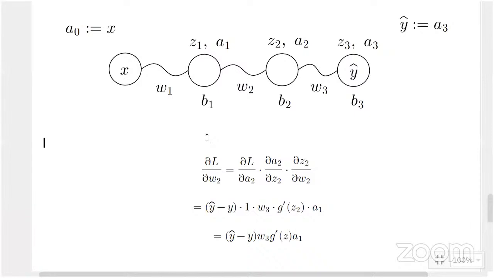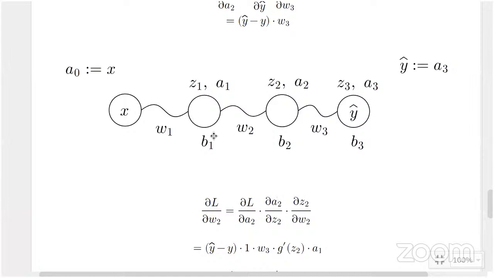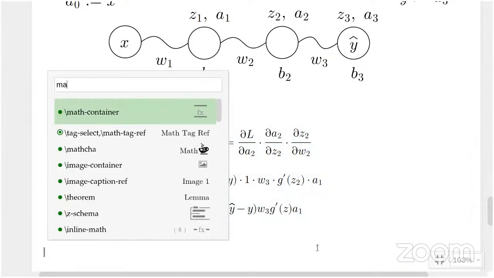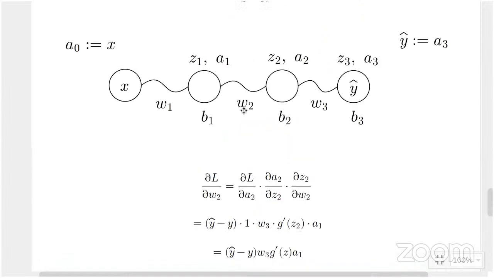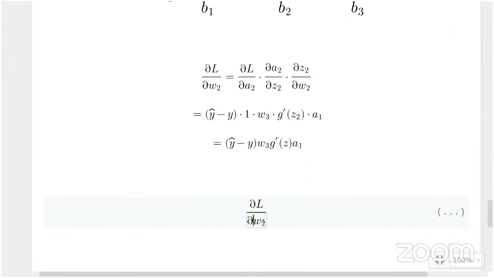So we have computed dou L by dou W2, right? We'll also have to compute at this stage dou L by dou A1. So we'll also end up computing dou L by dou A1, which will be what?